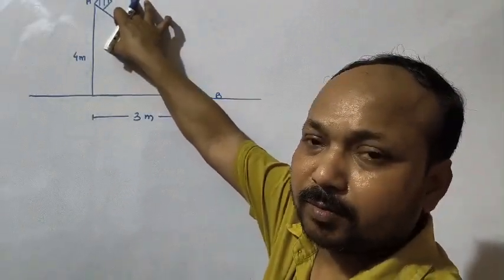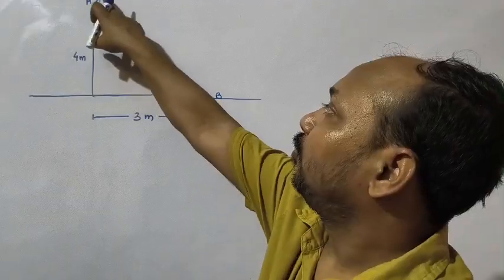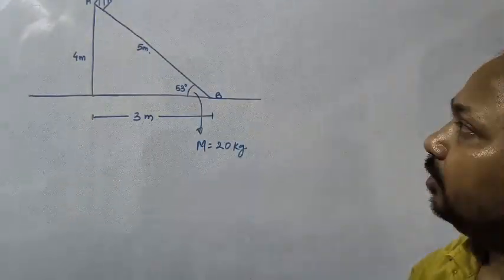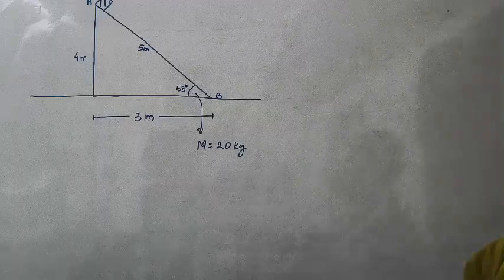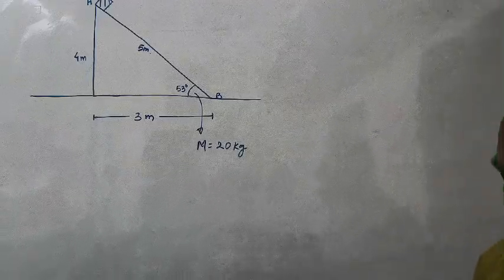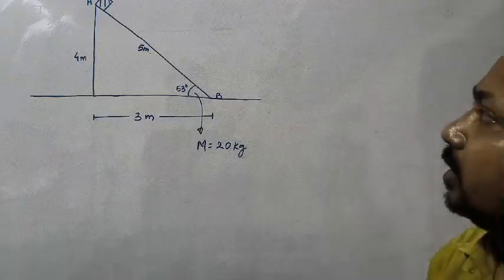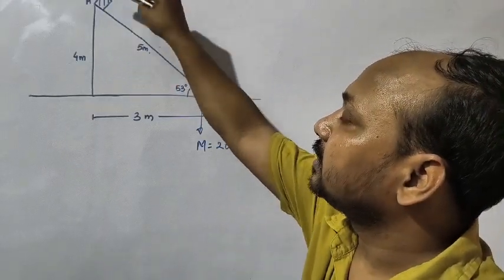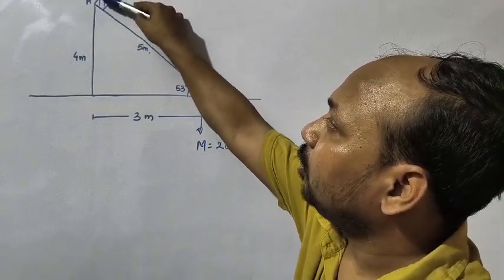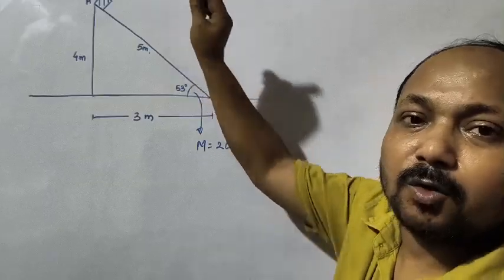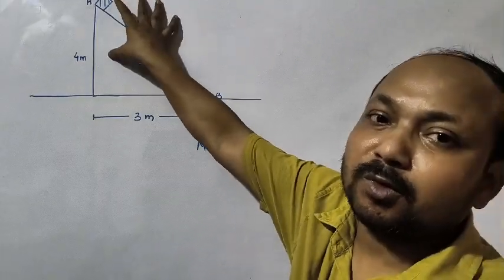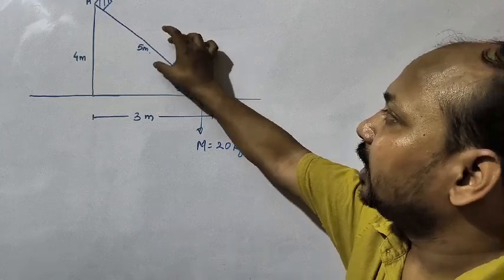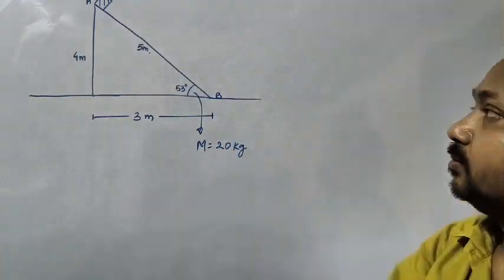Now force on the small block in x direction is 0. Means external force we are talking about, we are not talking about internal force. We are ignoring the normal force here, assuming normal force is an internal force, as we are taking the wedge and block as a system.